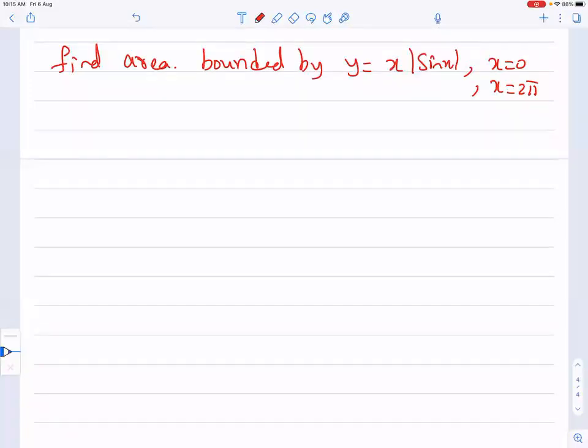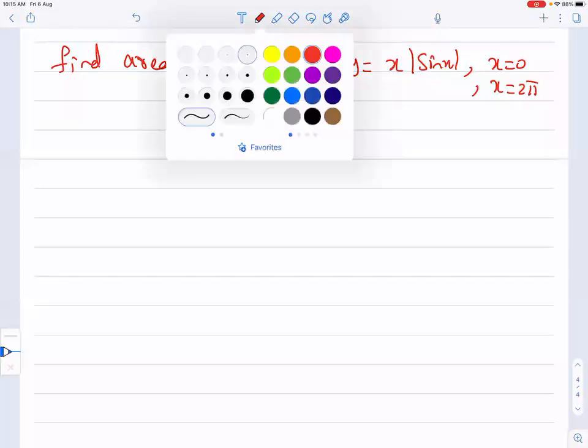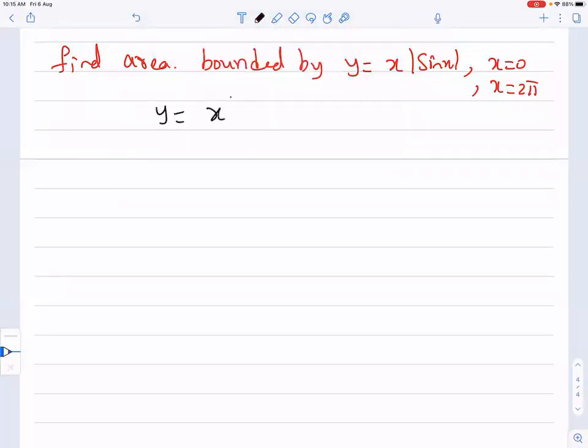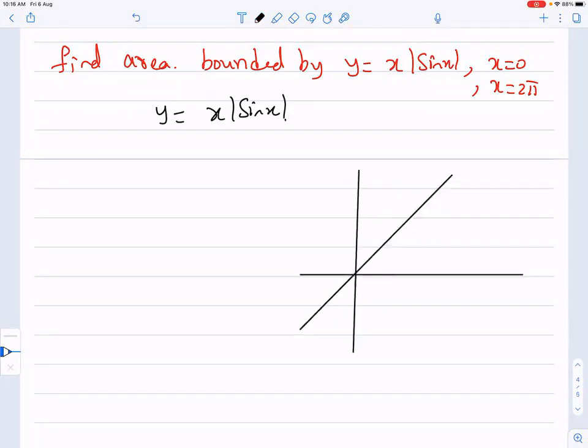Whenever mod sin x is maximum, mod sin x is 1, then y equal to x is the line. That means first let us draw the y equal to x line. That's not the answer, but it will touch y equal to x whenever mod sin x is maximum.